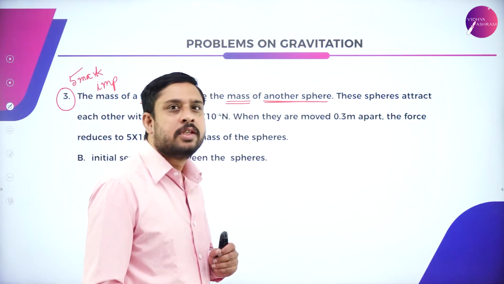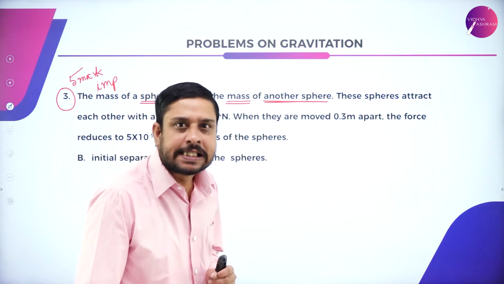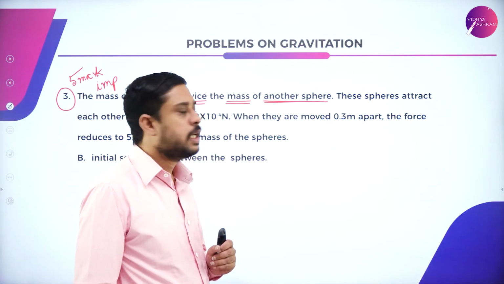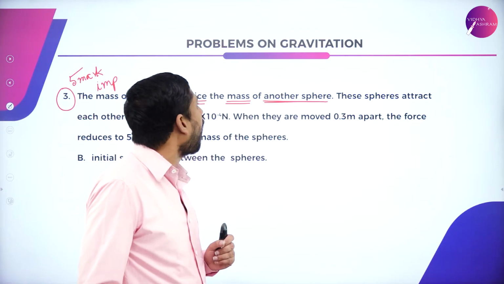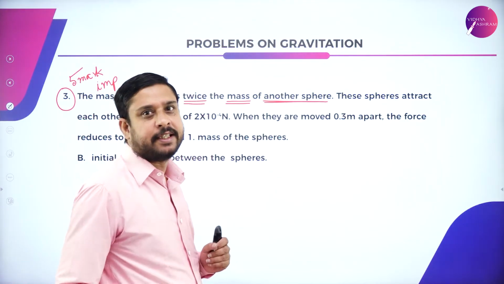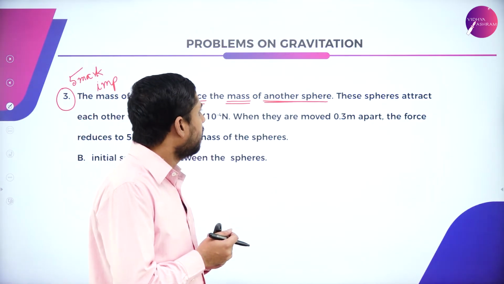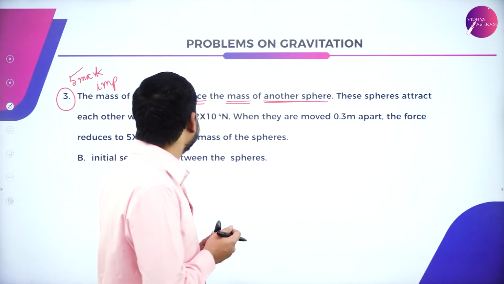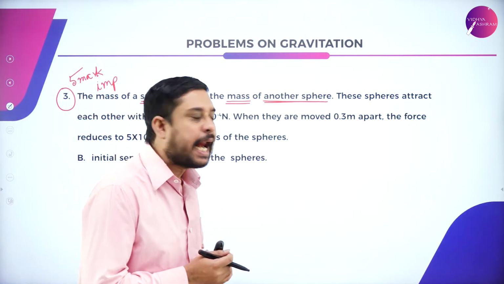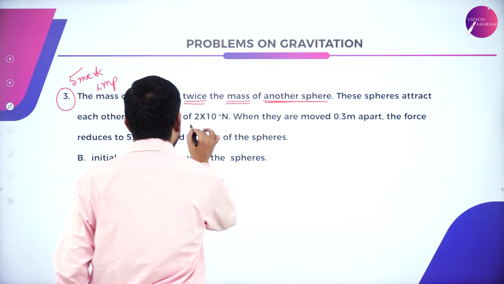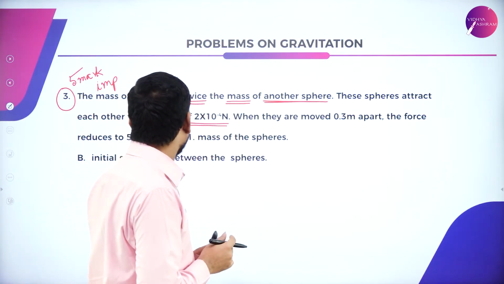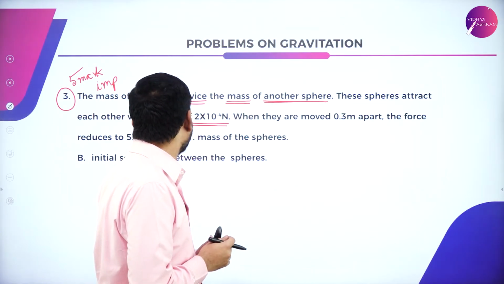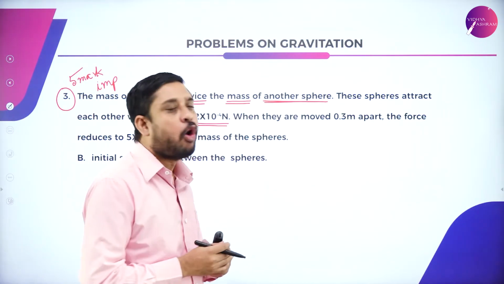The mass of a sphere is twice the mass of another sphere. These spheres attract each other with a force of 2 into 10 power minus 4 Newton.